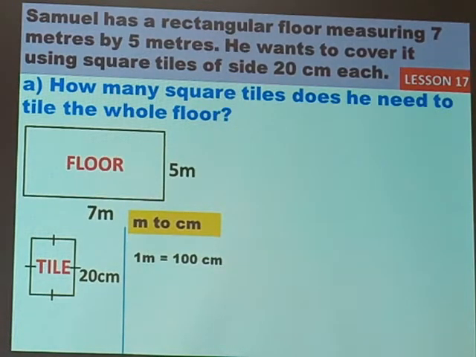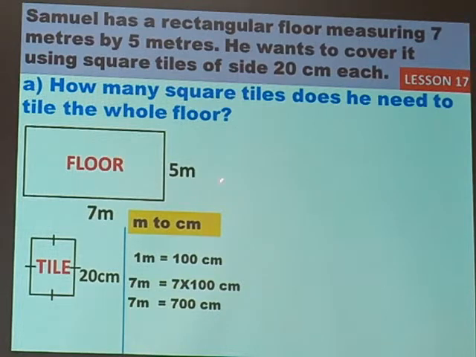So how about the 7 meters? 7 meters is equal to 7 times 100 centimeters. When we multiply that correctly, what shall we get? We shall get 700 centimeters.